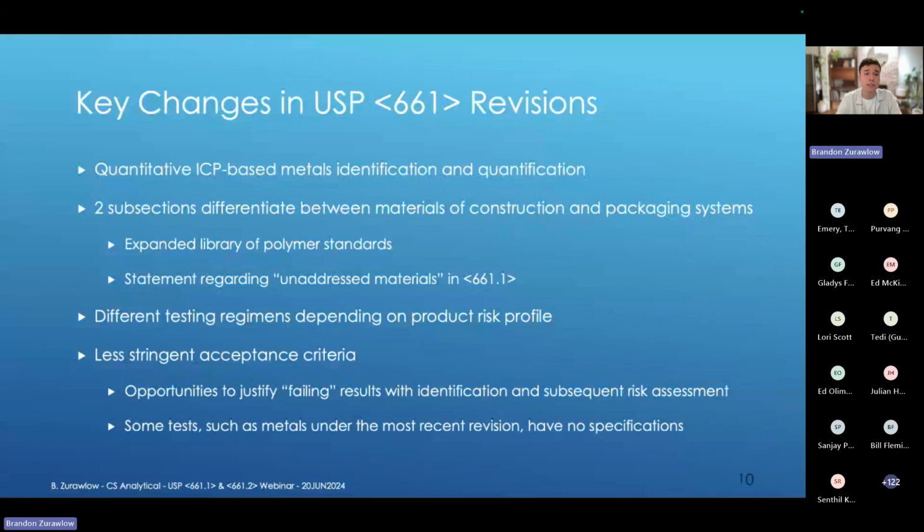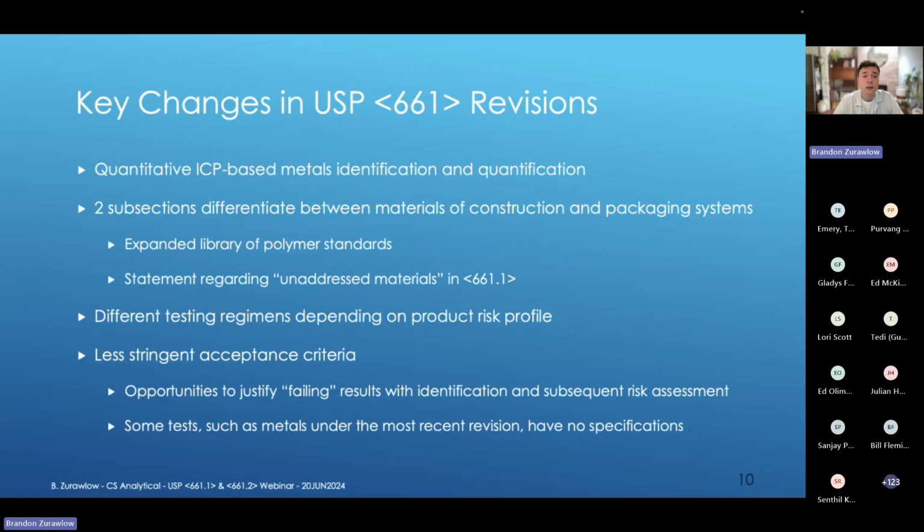Specific to USP 661, again, moving to quantitative methods, there are really a lot more details included in these revised chapters relative to the historical 661. So we went from one chapter, 661, to two separate subchapters, 661.1 and 661.2. Importantly, these chapters encompass a much larger range of polymer types and standards.